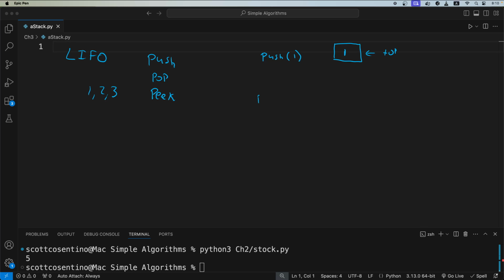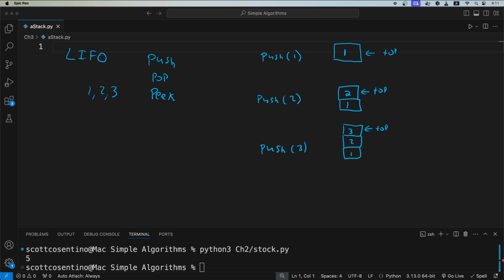Now, if I were to take this same stack and push the value 2 onto it, what would happen is 2 would become the new top of our stack. So basically 2 goes on top of 1. It becomes the new top. And finally, if I were to push 3 onto this stack, the same sort of thing would happen. 3 would become the new top of the stack, and everything else would sit below it.